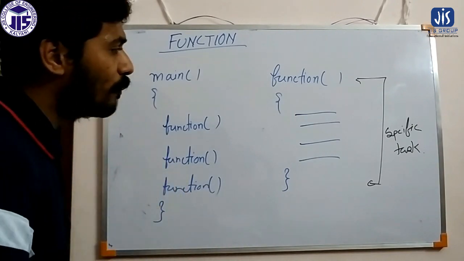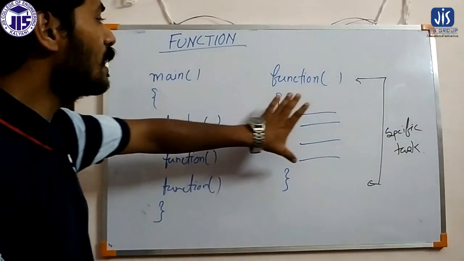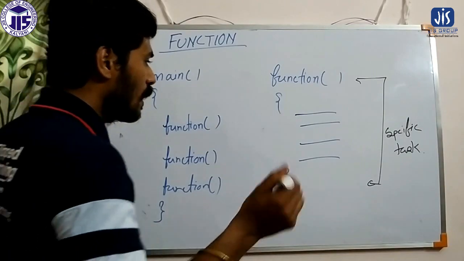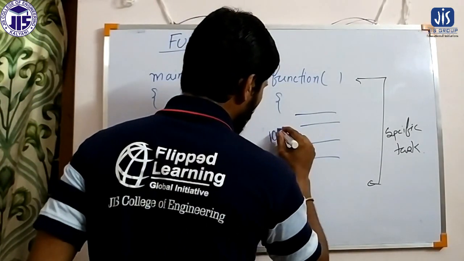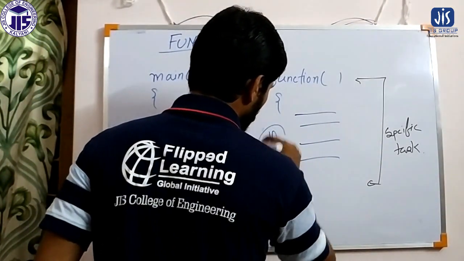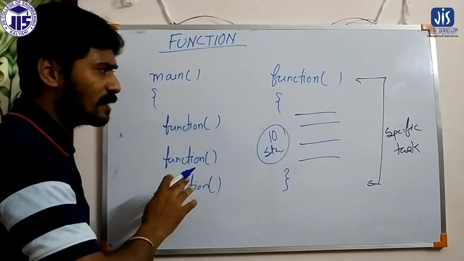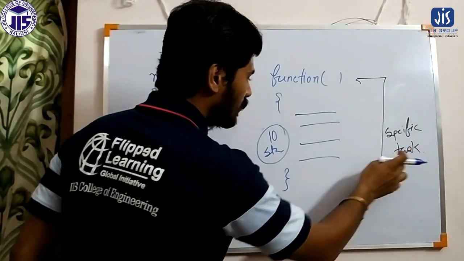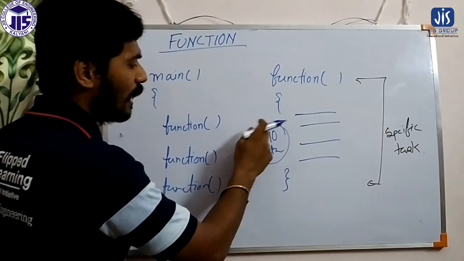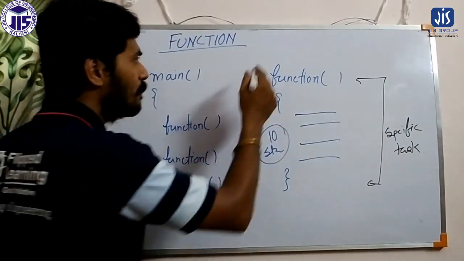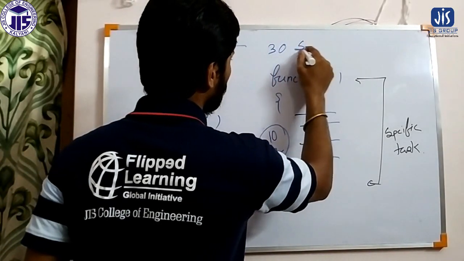So how have we overcome the problem here? Suppose this function contains 10 statements. If we are not using the function, then to perform this specific task 3 times, we have to write these 10 statements 3 times. So 30 statements will be required.